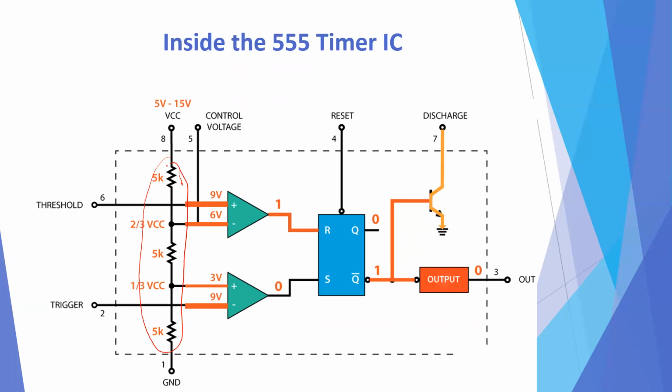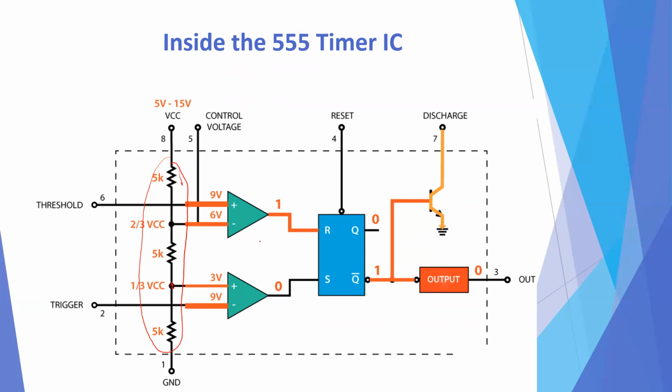At this point it has 2/3 of the supply voltage VCC, and at this point it has 1/3 of the supply voltage VCC. The supply voltage VCC range is between 5 volts and 15 volts.